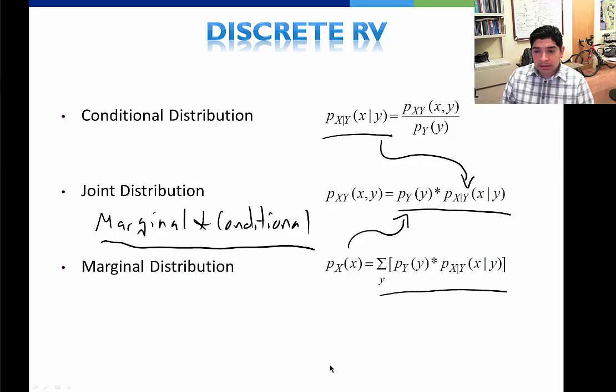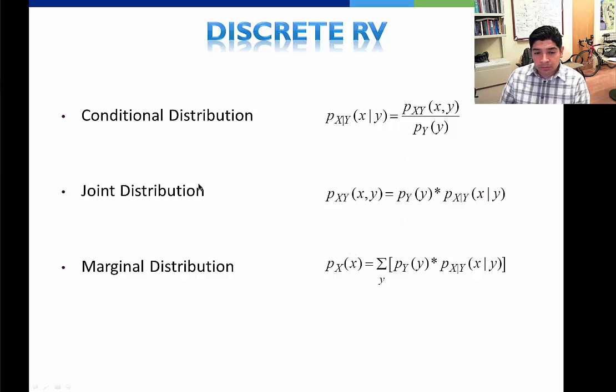So basically, this is what happened. The joint distribution can be obtained by multiplying the marginal, which is this, times the conditional. And for making this, remember that we make the assumption that these two variables are independent. If we want to estimate the marginal, then we divide this over this.